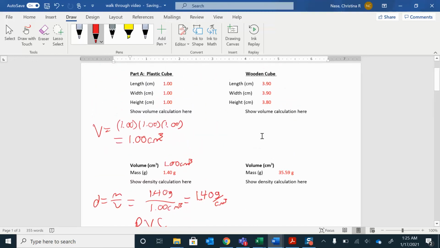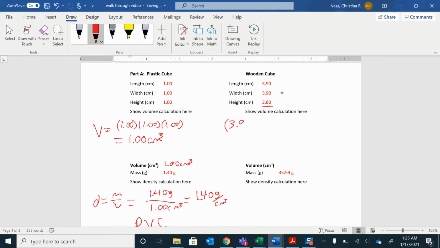So let's do the same thing for this wooden cube over here. So you can see another example. Length times width times height. Now look at this. This time when I measured this, it wasn't really a perfect cube, and that happens sometimes with the wooden cubes. So if you measure length and it's not exact, it's not a perfect cube, that's okay. You can still approximate.